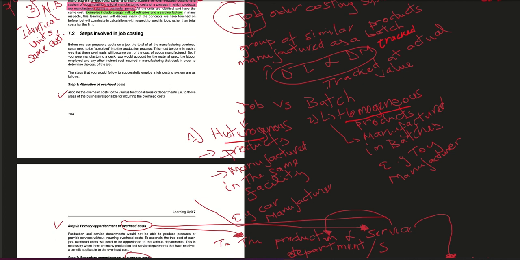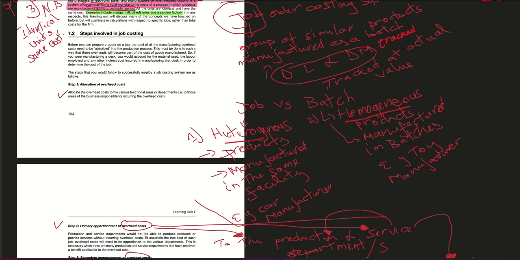So the first step with regards to job costing, because we are specifically talking about cost, will be the allocation of overhead cost. Direct labor and direct material are easily a given when it comes to many of the questions you're going to have to tackle. But when it comes to the overhead cost, as usual, it's very difficult to track the overhead directly to the product.